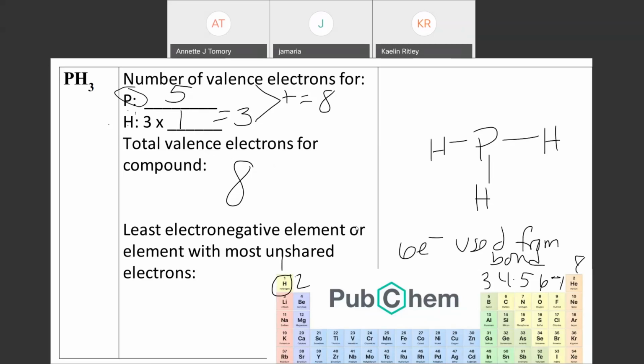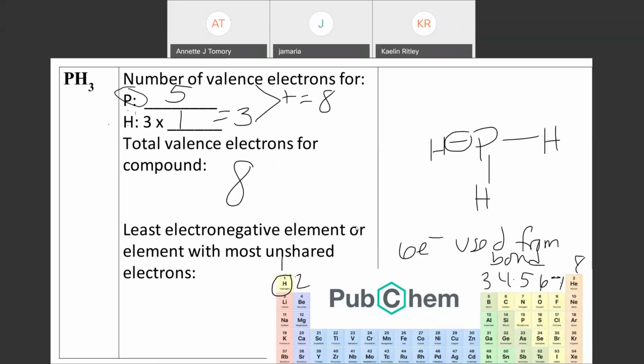Hydrogen not only will never be in the middle, it will never have more than 2 electrons. It already has 2 electrons from the bond itself. So can hydrogen have any more? It can't have any more. That's all hydrogen gets from the bond.